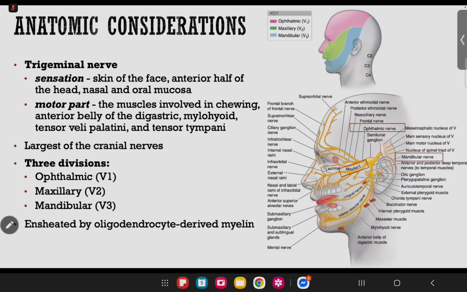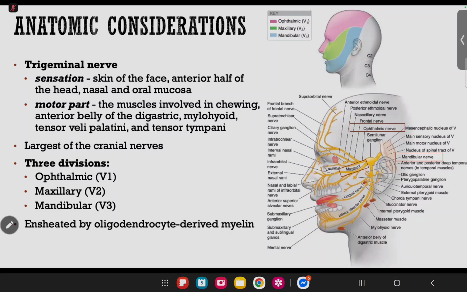V1 and V2 traverse the cavernous sinus to exit through the superior orbital fissure and the foramen rotundum, located above and below the eye socket, respectively, while V3 exits through the foramen ovale. The trigeminal nerve is predominantly a sensory nerve, and motor innervation is exclusively carried in V3, or your mandibular nerve.